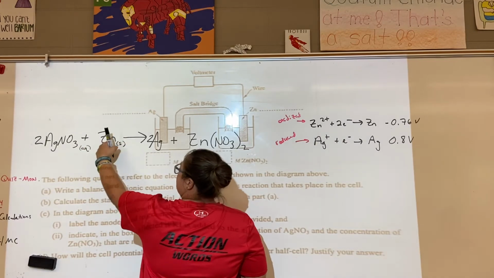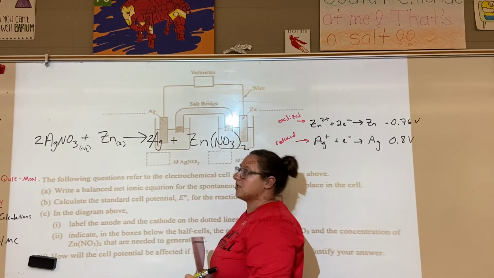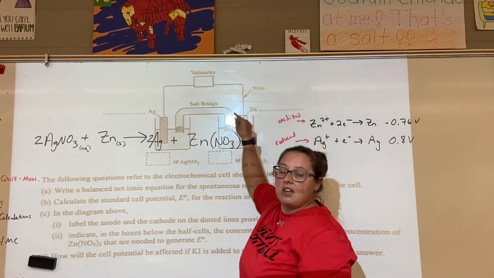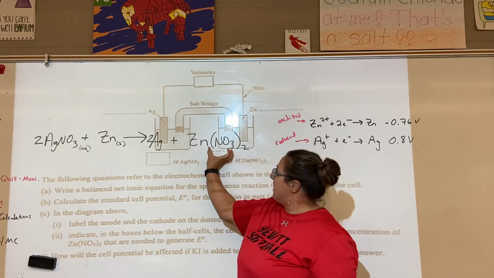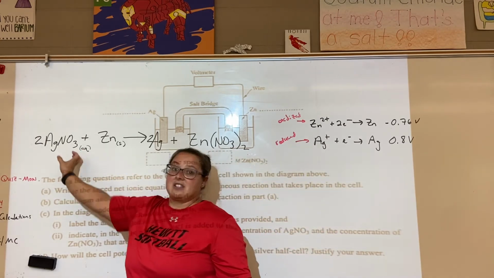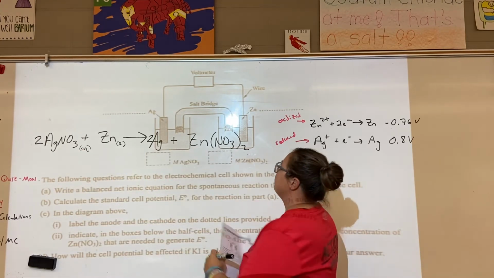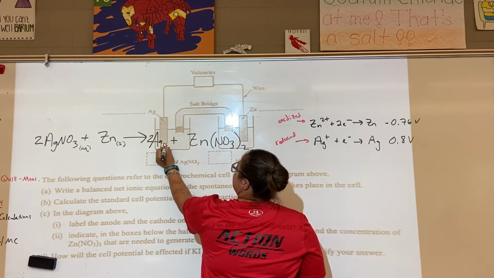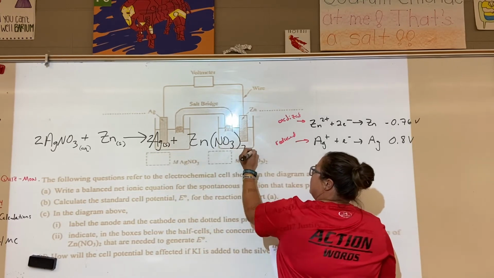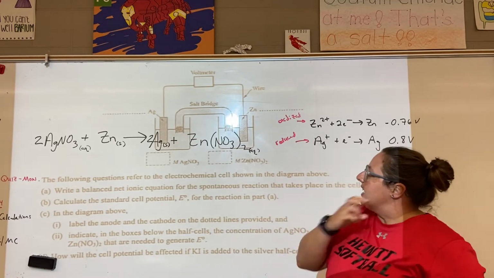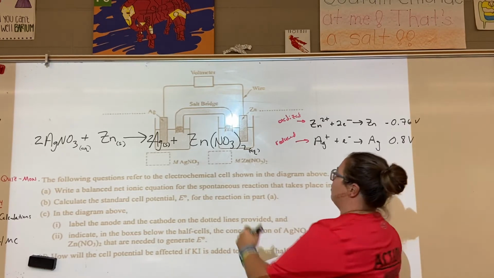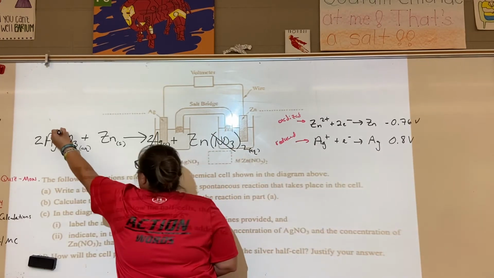Zinc is a solid. Notice how this doesn't get a charge. It's because it's my metal zinc. Solids that are not paired with anything, that are not classified as aqueous, do not get a charge. Same idea here for silver, and this is a solution that is aqueous. All right, now I have a spectator ion, which is nitrate.